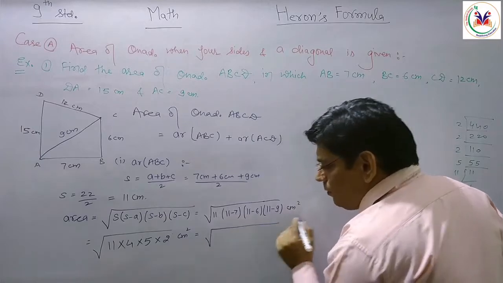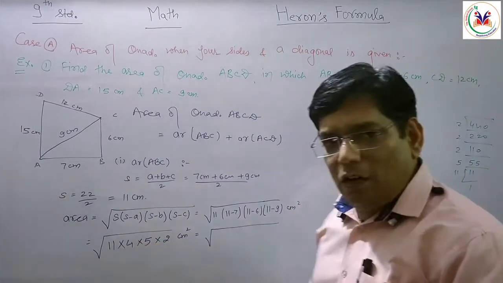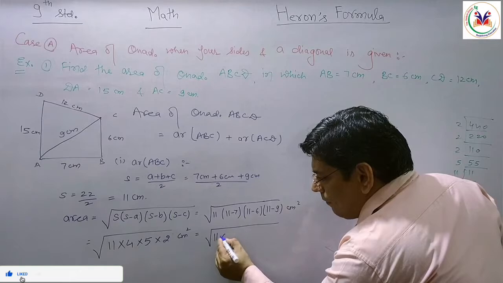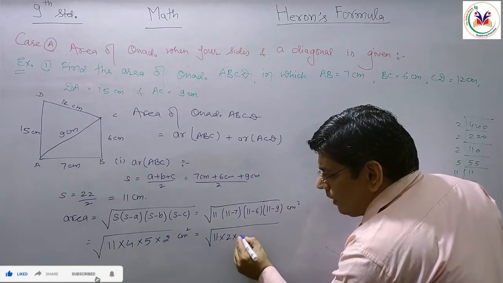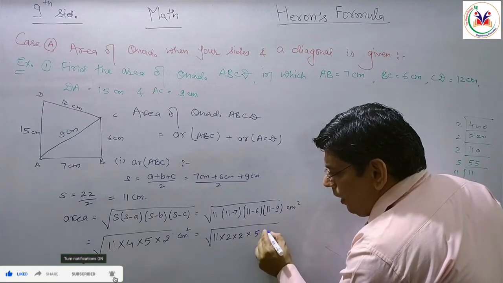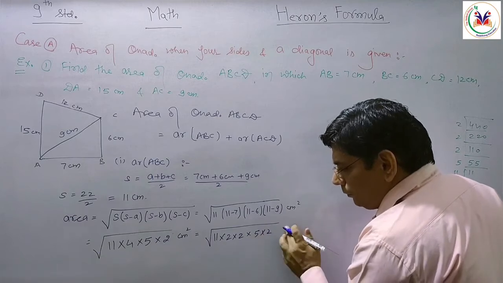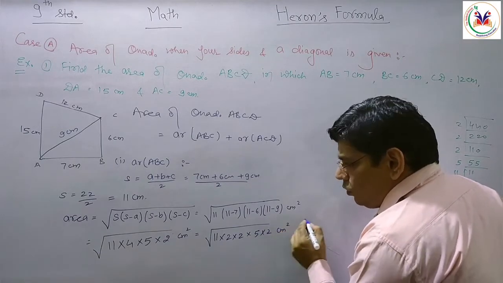After that, we calculate the factors: 11, 4 is 2 into 2, and 5 into 2.